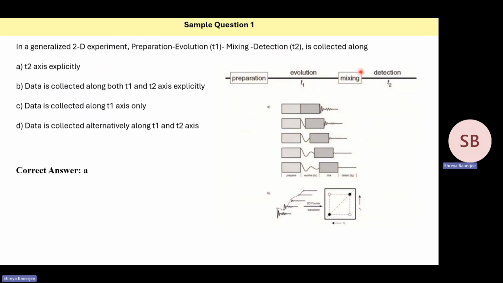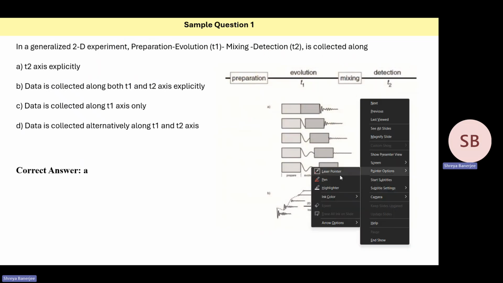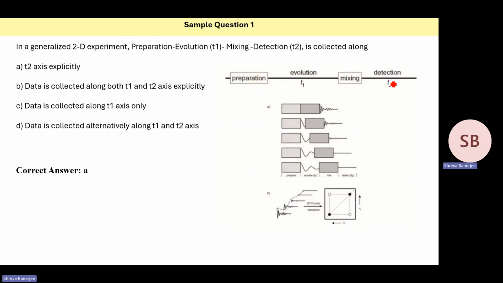Then you had a mixing time, which allowed transfer of magnetization from one atom to another. And finally, you had a detection time. Now, T2, the detection time, is where the FID is collected. You can see that the FID that is shown is collected during this detection time.